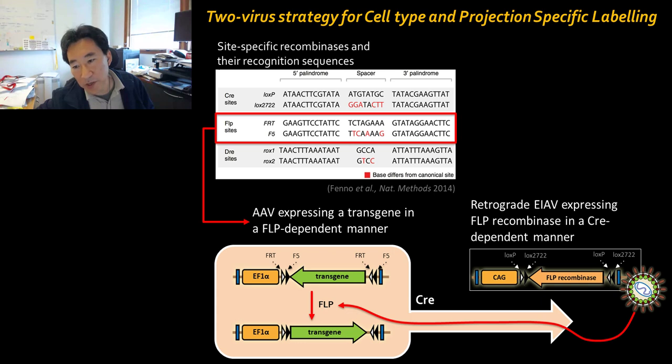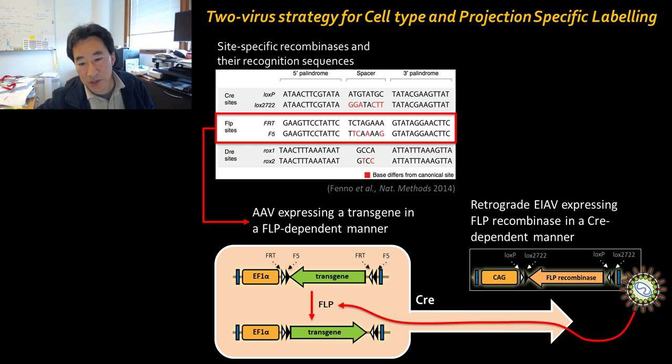When this virus is injected into the target area, it will be retrogradely transduced to the presynaptic cell. Then only the cell expressing Cre will express Flp. And then when we inject the AAV virus expressing a transgene in a Flp-dependent manner, only the neurons projecting to this target will actually express this transgene.